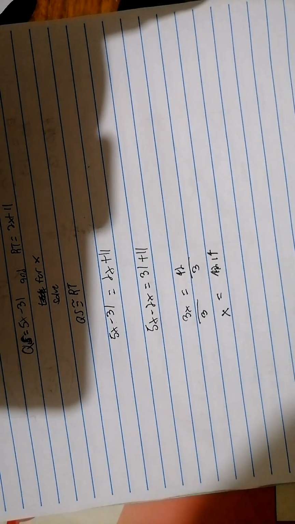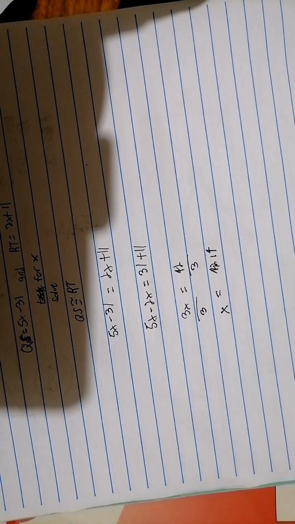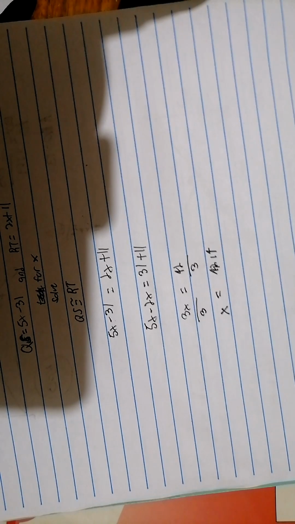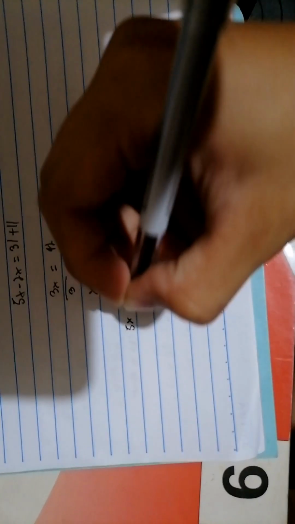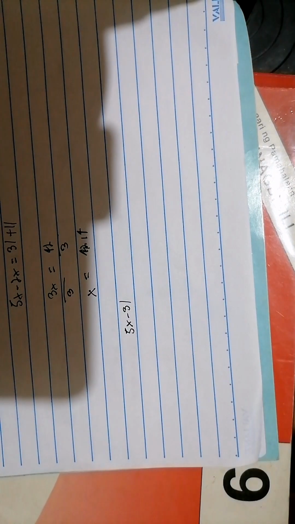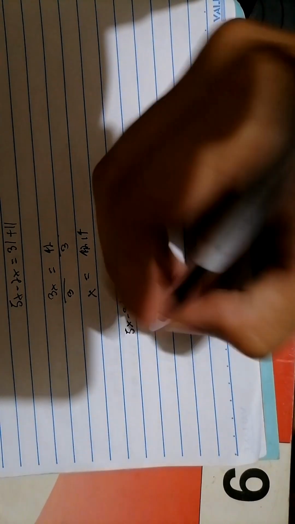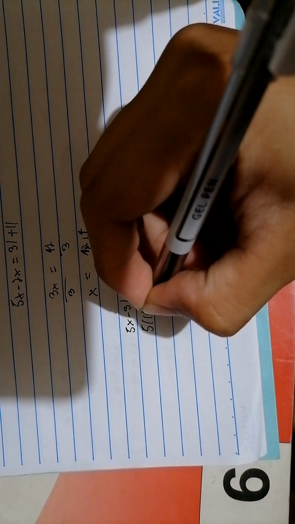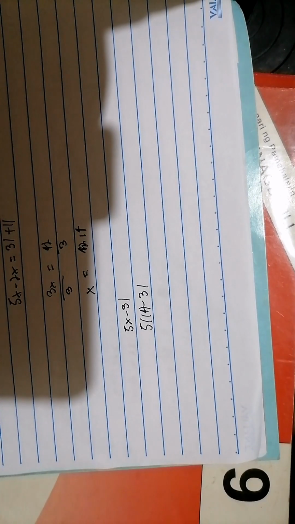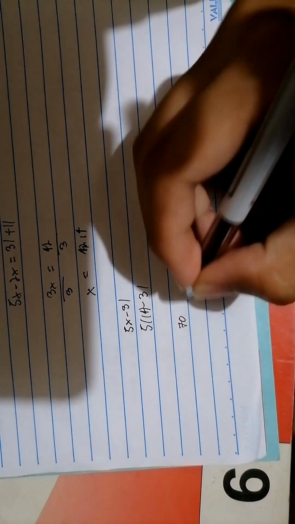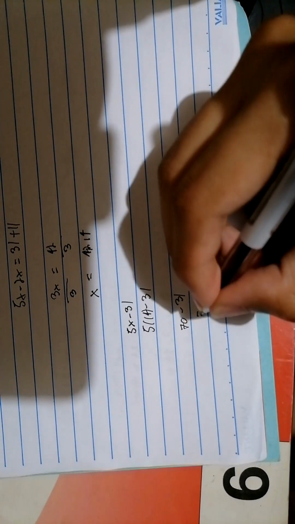Yes. So after that, to see if it really is correct, we can check. Given QS as 5x minus 31, we simply substitute x with 14. So 5 times 14 minus 31. 5 times 14 is 70, minus 31 equals 39.